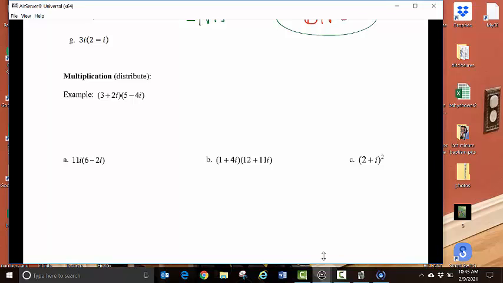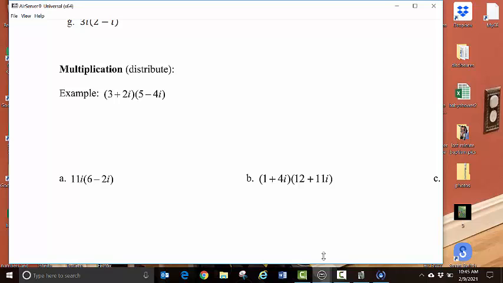We needed to do a fancier multiply. Okay, well, let's see. 3 times 5 is 15. We're going to just normal multiply. 3 times negative 4i is negative 12i. 2 times 5 is 10i.